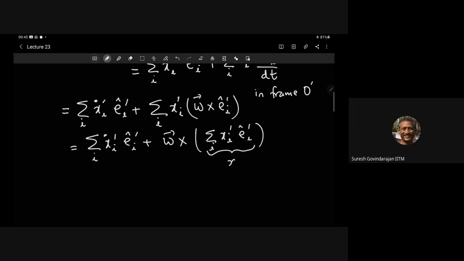This is just the vector x. Is this clear? So we see that the velocity gets a second term, this omega cross kind of term, which we understand, and it comes out very naturally in this. This is just dx by dt in frame.